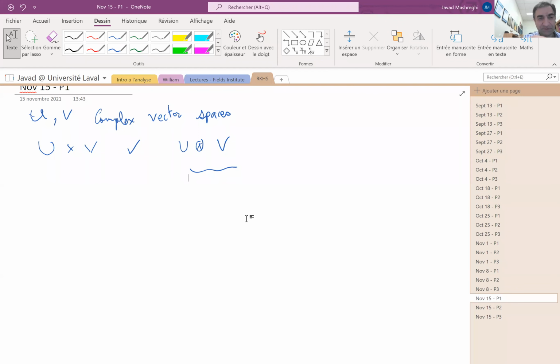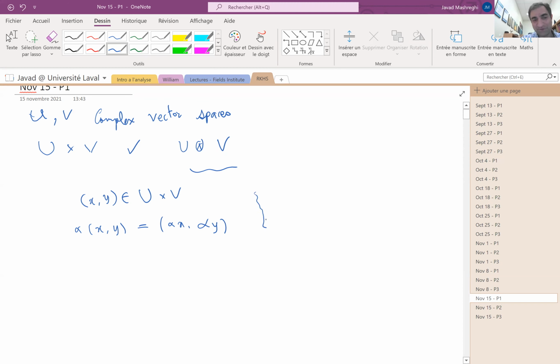When we are with the Cartesian product and we have one element, say X and Y in this space U times V, and we multiply by a scalar alpha times X and Y, we know that a scalar goes with both components. It's alpha X and alpha Y. But there is need of a kind of construction such that, to not mix with the pair X and Y. I write this, but I will explain later what it means.